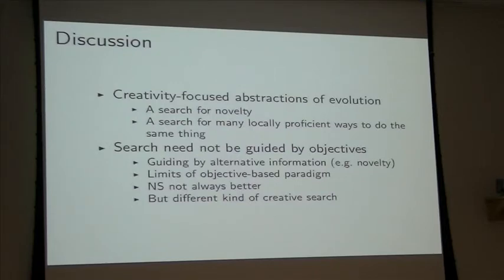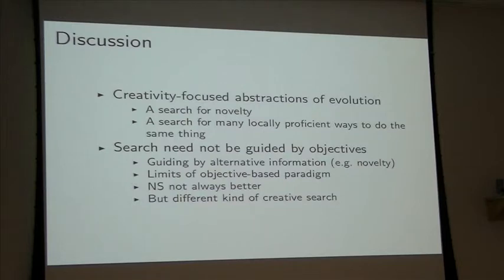And maybe more interestingly, search need not be guided by objectives. We can guide search by alternative information and still get interesting results. Guiding a search by novelty can lead to some fun things. And maybe we need to be aware of some of the limits of the objective-based paradigm. It's true that we can't just set an arbitrary target and hope to evolve towards it.